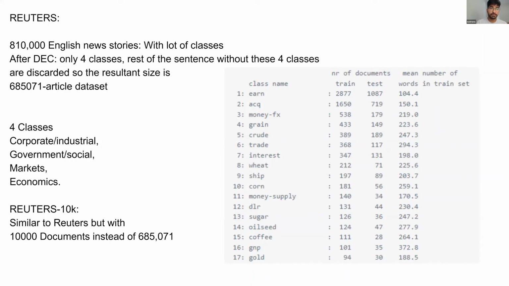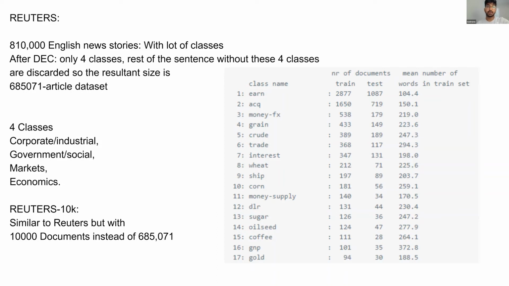This is the Reuters data set, which has 810,000 English news stories with a lot of classes. The right side image shows you the classes, the words in that data set, and the frequency of the words used in the documents. Because there are a lot of classes, we are not going to use all of them. We divide the whole data set into 4 classes, and we discard all the sentences that don't have these words in them.